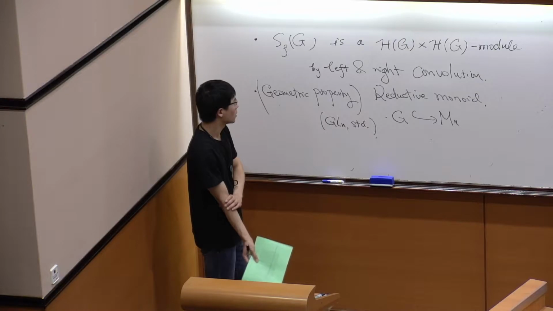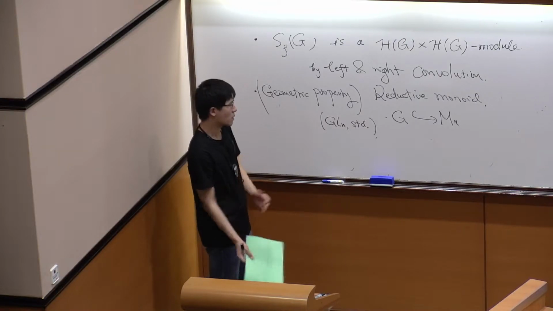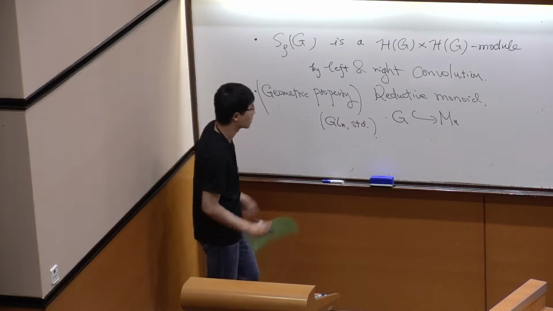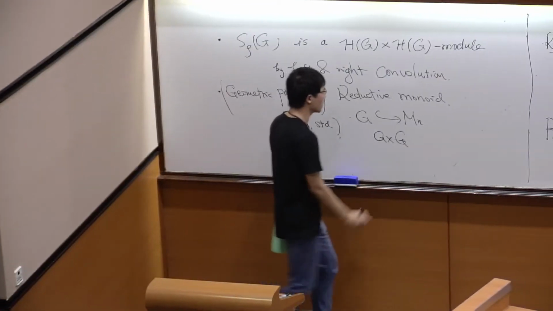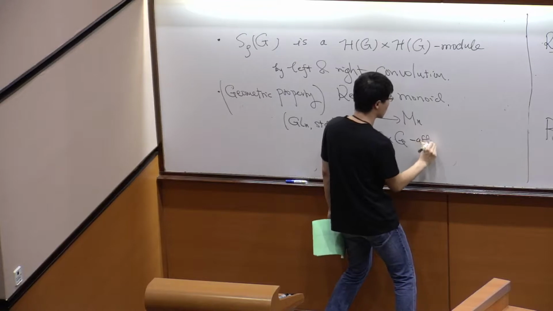They do not explain an explicit geometric description there, I think. This is a G cross G affine spherical embedding, as we just mentioned.